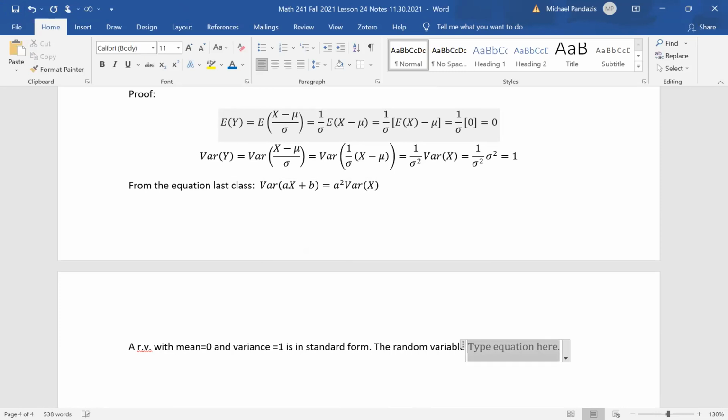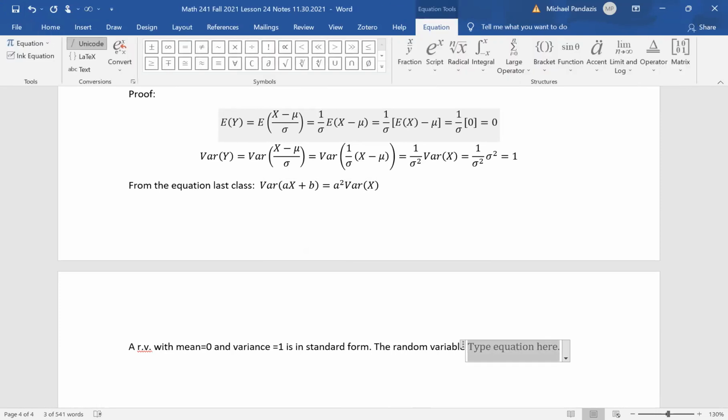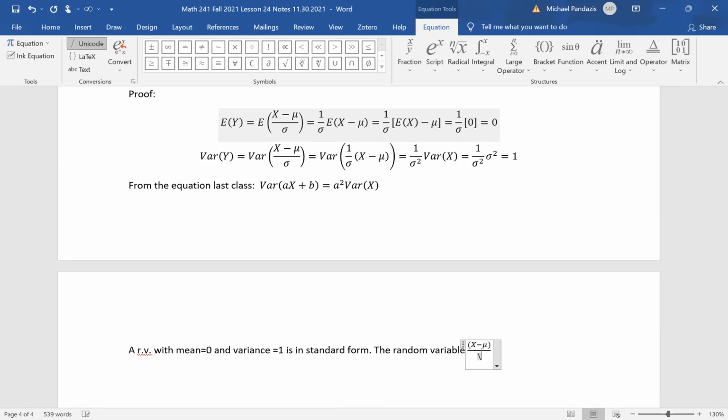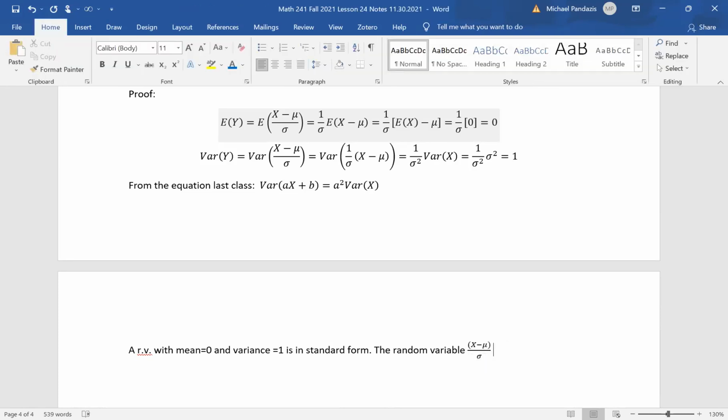The random variable x minus mu over sigma therefore is in standard form, and is called the standardized random variable corresponding to a random variable x.